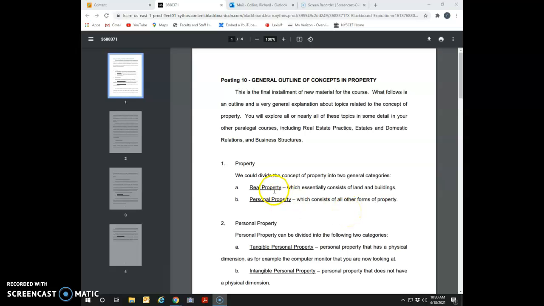In the real estate practice course, you'll be talking about real property. One concept contained within real property is the idea of a fixture. And a fixture begins its life, let's say, as a chandelier being sold at Home Depot, or maybe some fancier place.